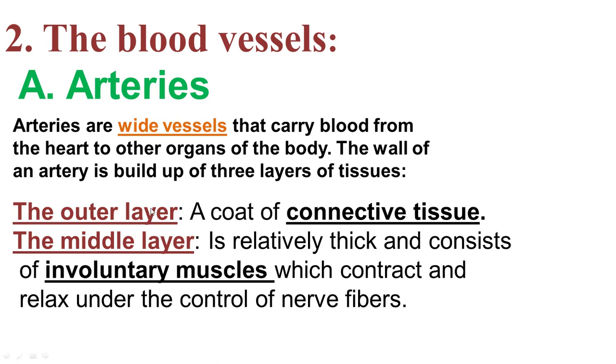Structure. Arteries consist of three main tissues: outer layer, middle layer, and inner layer. The outer layer is connective tissue. The middle layer is involuntary muscle, so it can contract and relax to help the continuous passage of blood, controlled by nerve fibers.